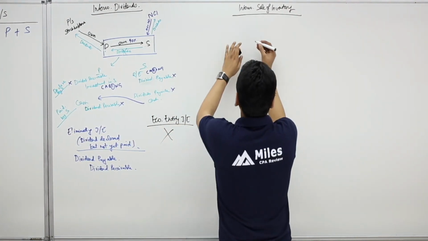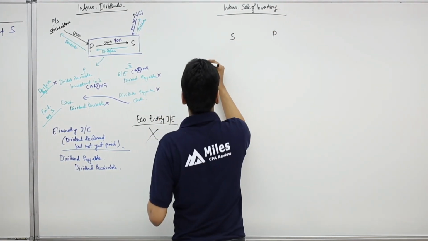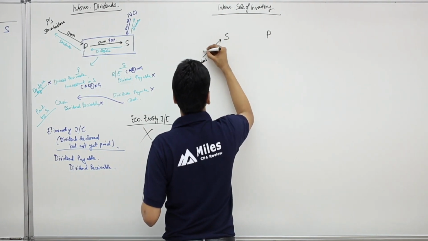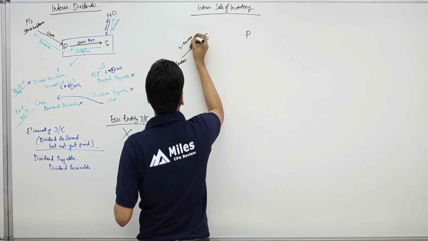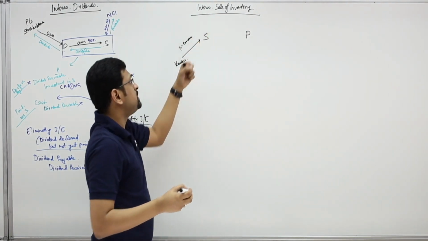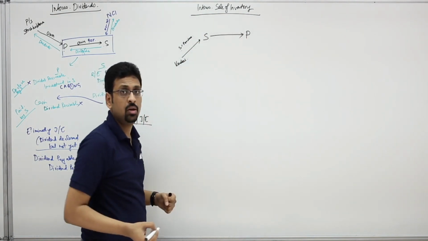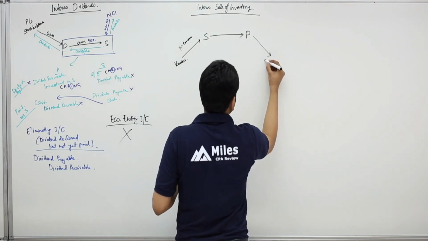So let's say we got the sub and the parent. Sub purchases goods from its vendors. And what the subsidiary does is they sell these goods that they have purchased to the parent. And the parent sells it to outsiders, customers.